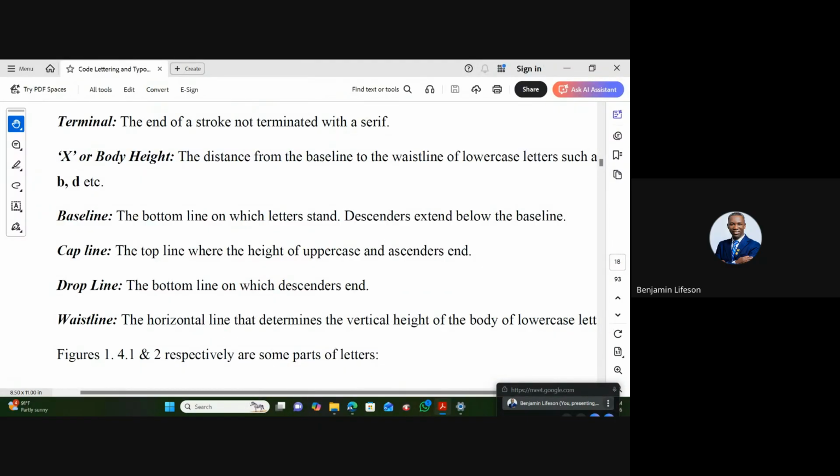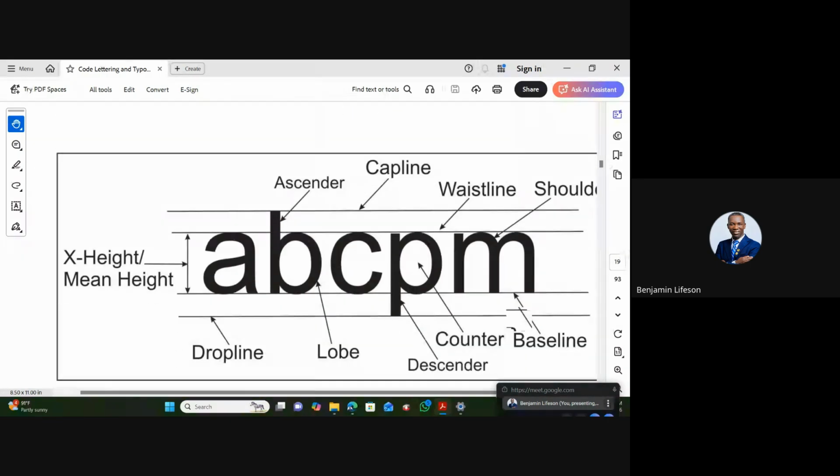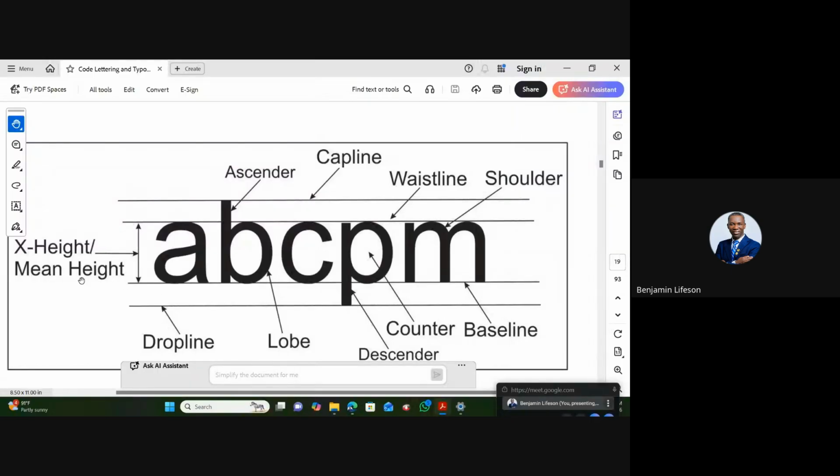Before the baseline, let me show you the various lines that will help you get it better. In writing letters, we have 4 lines. The two lines will basically take the lowercase letters like A, C, M, E, N, O. They fall between the waistline and the baseline.